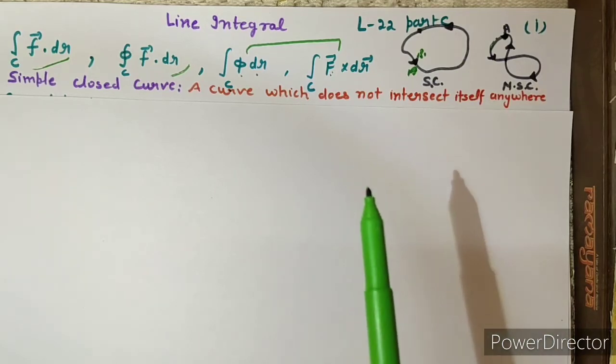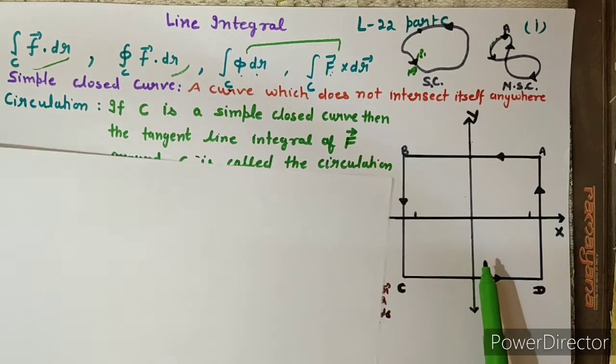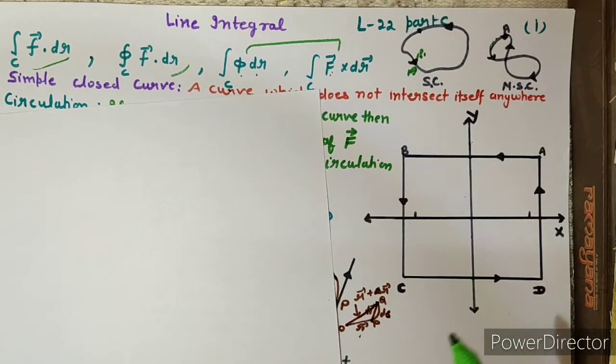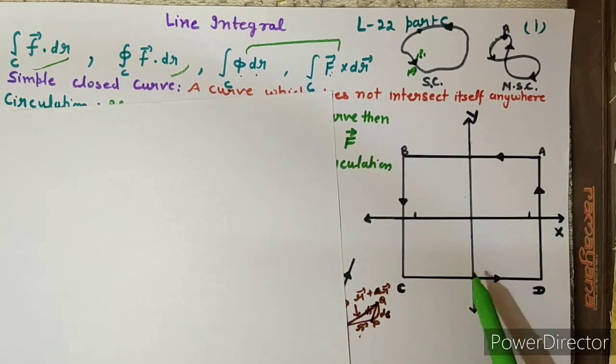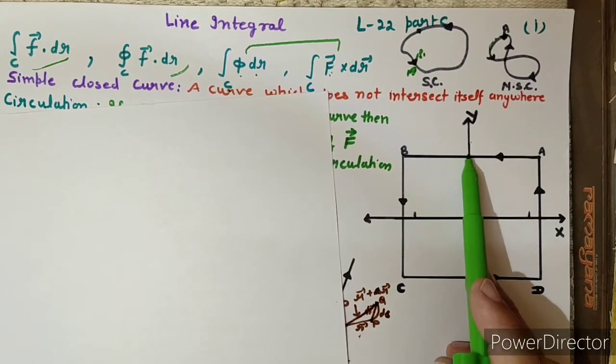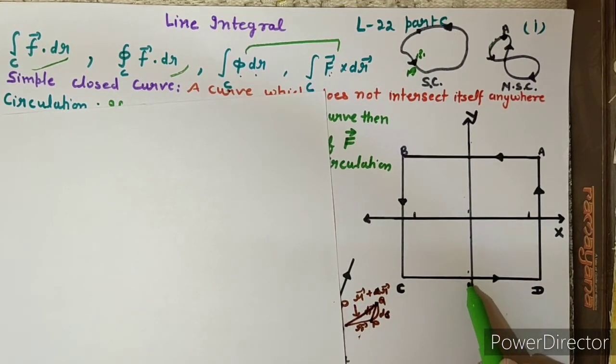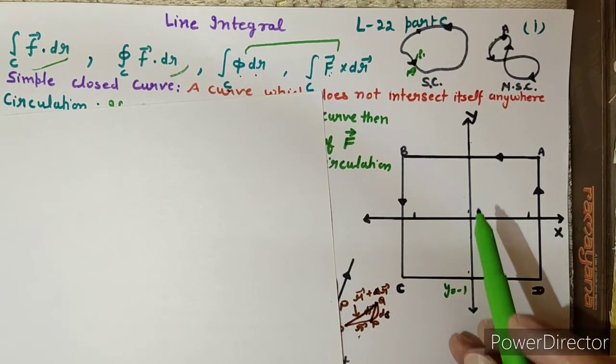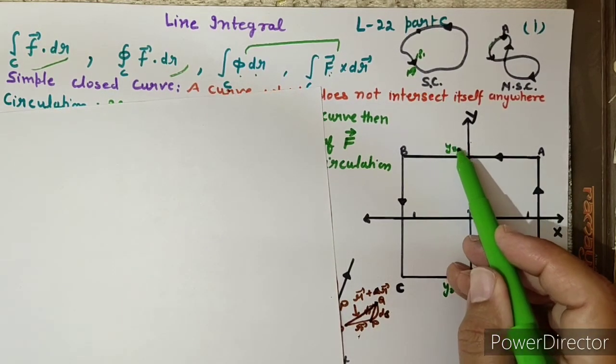Is this point clear? If I take this example, this is the x-axis, this is the y-axis, and this is my rectangle. This line is parallel to the x-axis. Here suppose the value of y is equal to -1 and here the value of y is equal to 1.